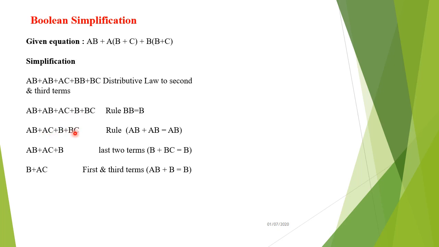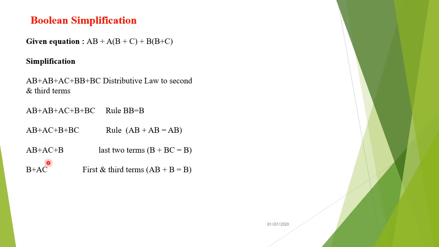The next thing we are going to do is use the absorption law for B ORed with B ANDed with C, where C gets absorbed, and the result of B ORed with B is nothing but B. The remaining two expressions are written as they are.